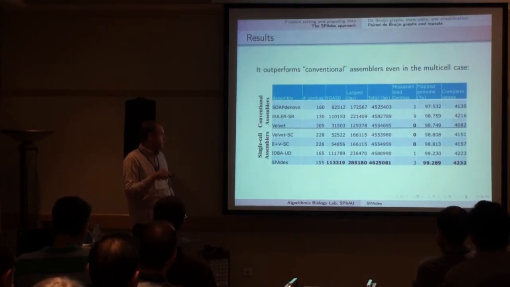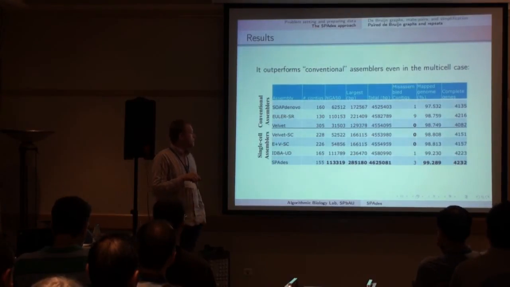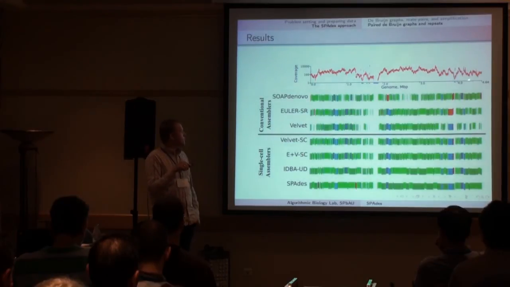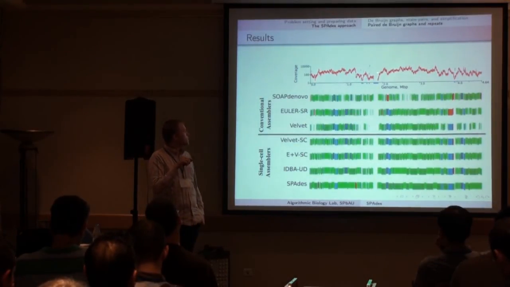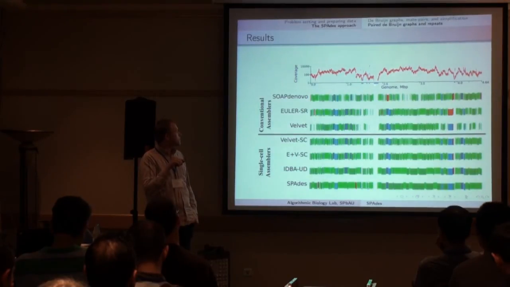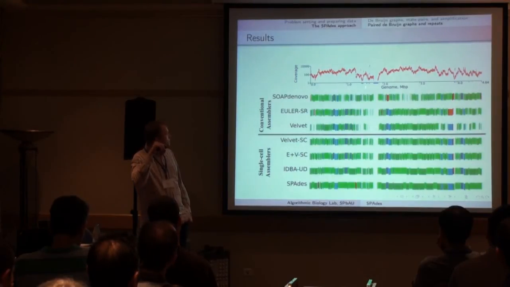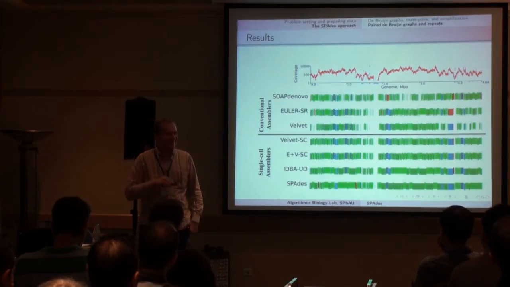And yes, of course. Here is a sample genome map. I'm not sure you can see anything specific, but what you can see is that there is this coverage gap, which of course nobody can do anything with. But on these low coverage regions, you can see that SPAdes is a bit greener than other tools.